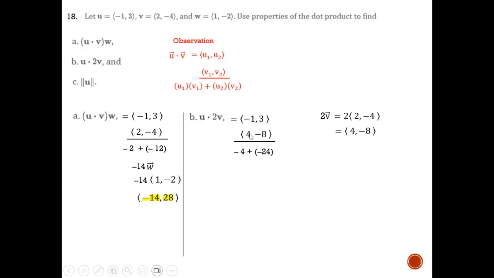Negative 1 times 4 is negative 4, and 3 times negative 8 gives us negative 24. We add them, and it gives us negative 28. Then the magnitude of U, which is negative 1, 3, is the square root of negative 1 squared plus 3 squared, which gives us the square root of 10. That's your answer, guys.